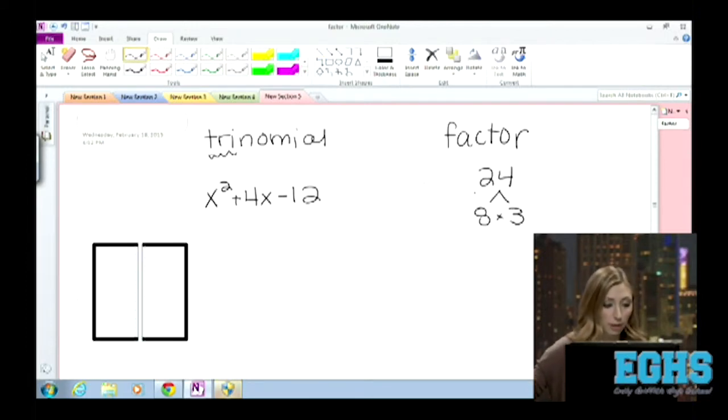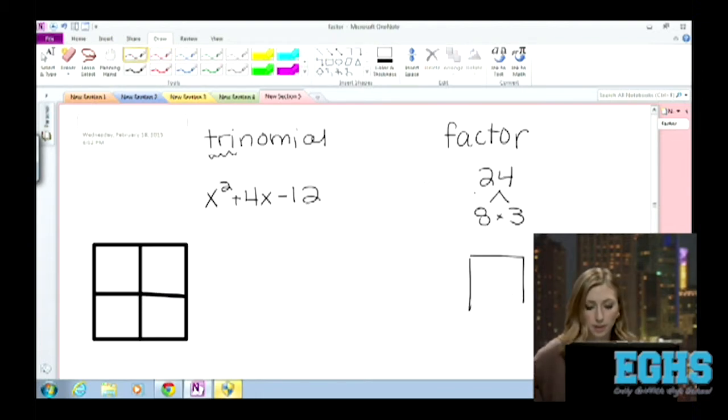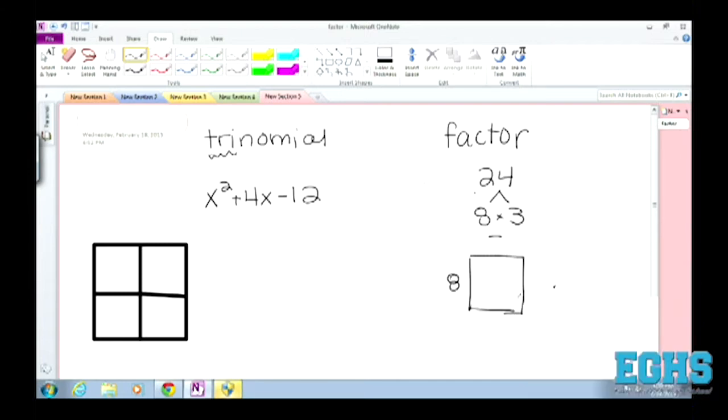And I'm going to draw an area model right here. A very simple version of this area model would be, and I'll use it with the 8 and the 3 that I just showed you. Let's say I had a length of 8 and a width of 3, then I multiply them together to get 24.